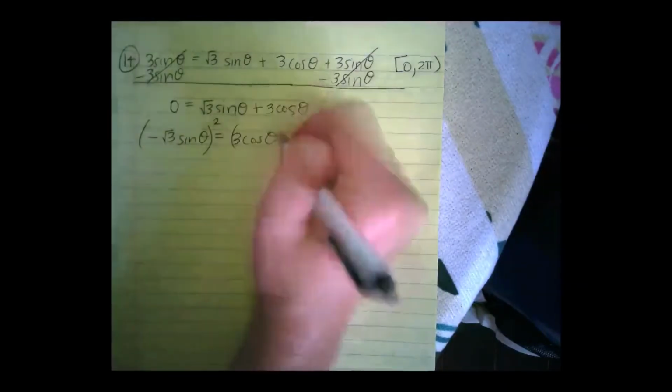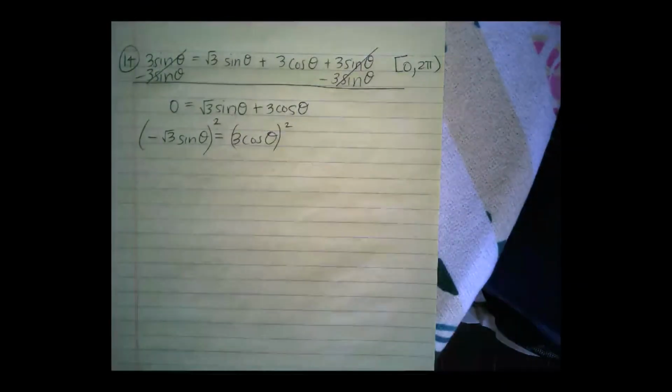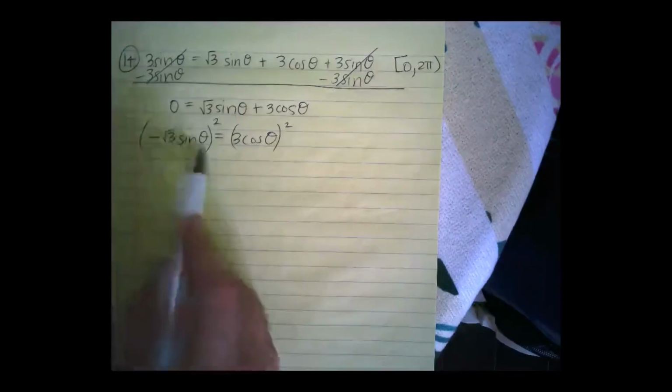And now I'm going to apply the square to both sides. I can't substitute, I can't factor, I have no more like terms. I'm at a spot where I'm like, oh gosh, what am I going to do? Well, let's see if we can square both sides and get to the end. So now I'm just squaring a single term.